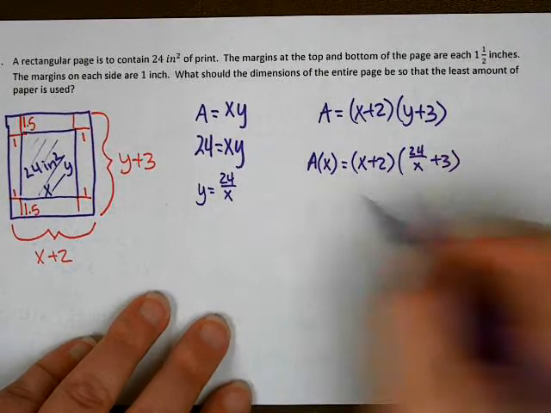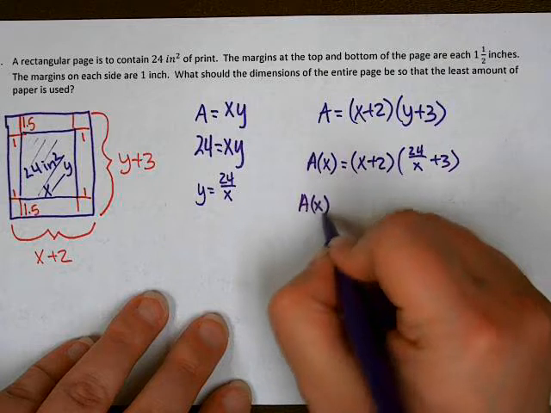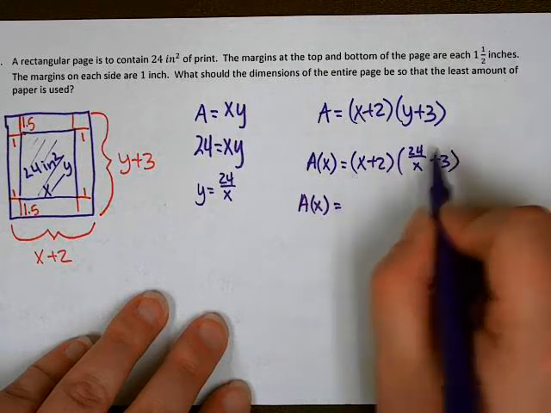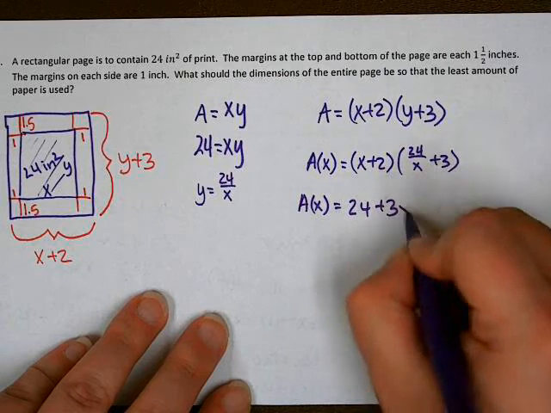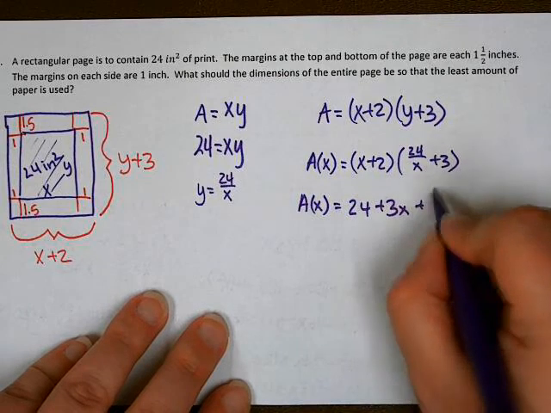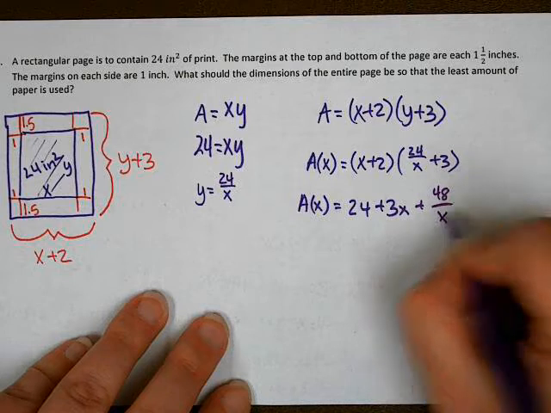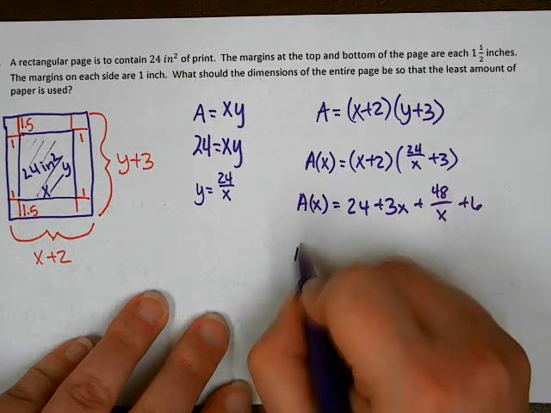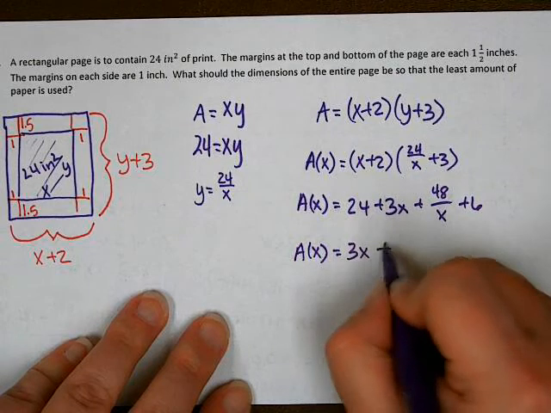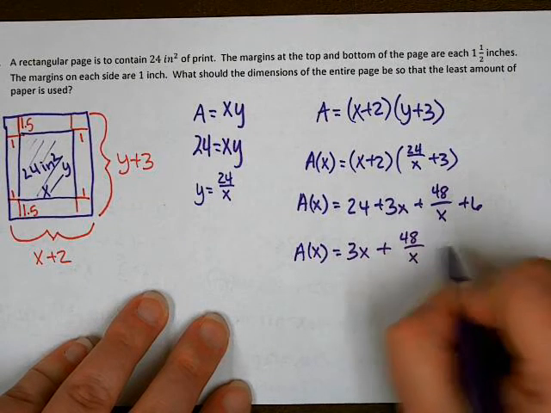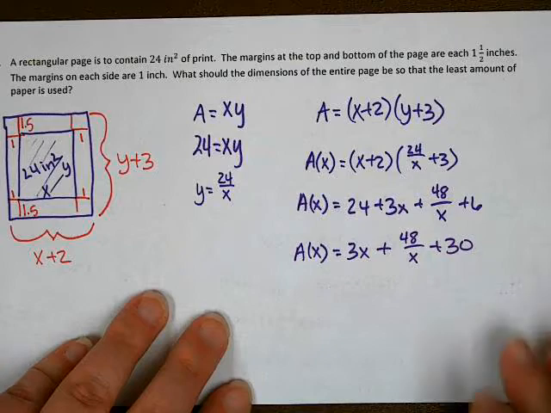And I'm going to go ahead and multiply that out before I take the derivative because it's easier. So let's see, that becomes 24 plus 3x plus 48 over x plus 6. So my area in terms of x is 3x plus 48 over x plus 30.